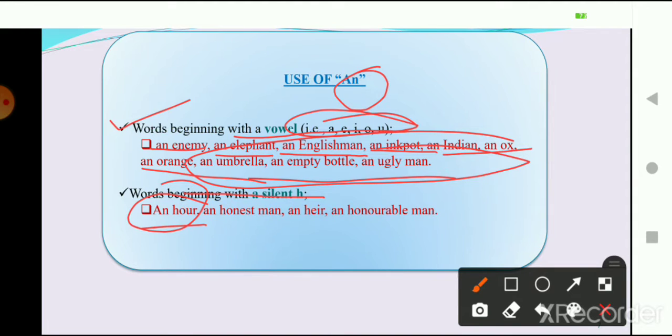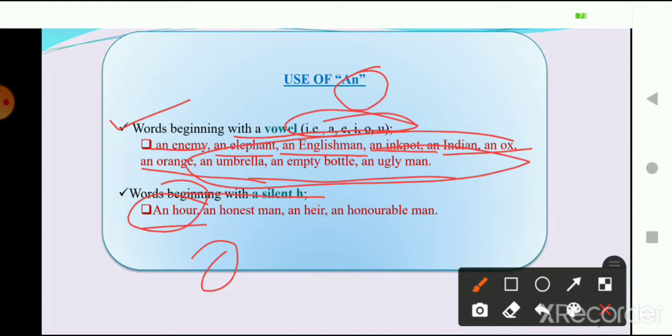So how do we pronounce it? As our. So when we are pronouncing the word, the sound that is coming from the word is of O. Right, and O is also a vowel. So the sound that we are producing is of O, which is a vowel. So we use article an before the word hour, and those words also which begin where the letter H is silent.